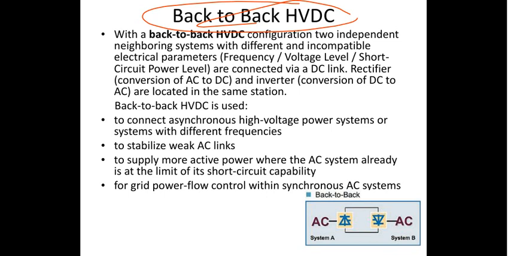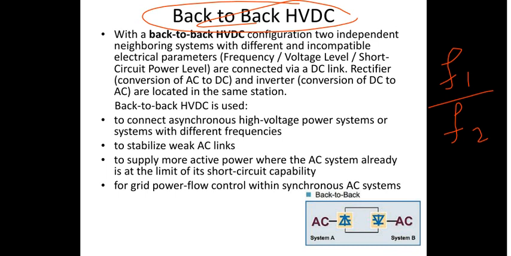Let us take an example of Brazil and Argentina. You know that Argentina and Brazil are two neighboring countries. One of those countries works with the frequency of 50 hertz, the other works with the frequency of 60 hertz, right?